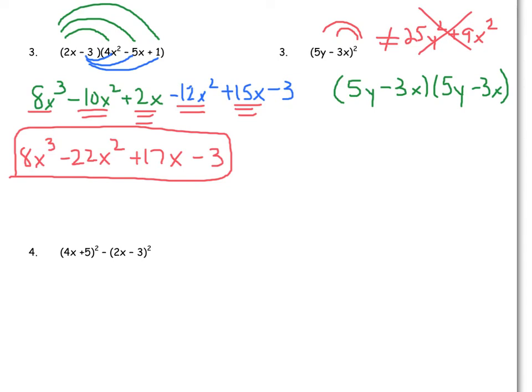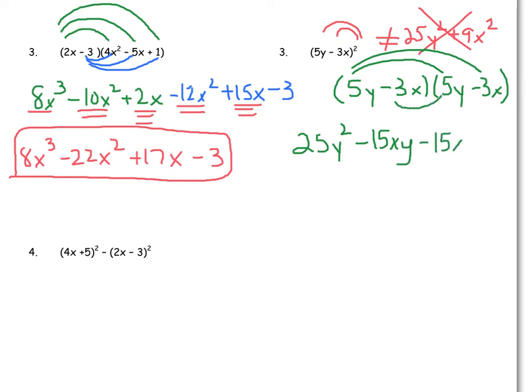So as we continue on and do it correctly, you will get the 4 multiplications that are necessary and eventually have it simplify to a trinomial. So 25y squared, we get the outer product as a negative 15xy. We continue through multiplying through by negative 3x. We'll get another negative 15xy.